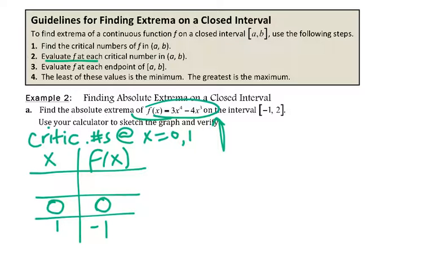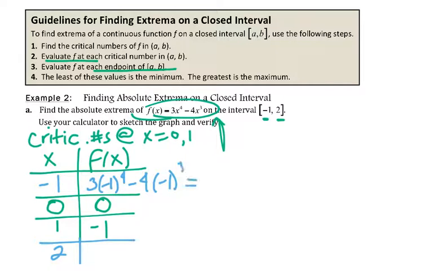Alright, so we evaluated f at each critical number. We also want to evaluate f at each endpoint. So our endpoints are -1 and 2. So I'm going to put -1, which is an endpoint, in, and we're also going to look at it at 2. If I plug -1 in here, I have 3 times -1 to the fourth minus 4 times -1 to the third. That gives me 3 times 1, which is 3, minus 4 times -1.